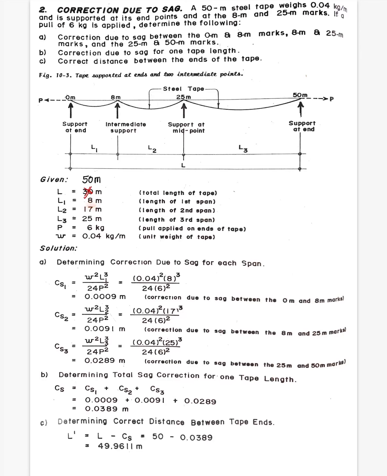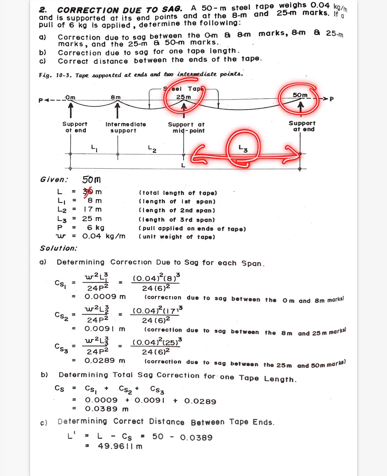And then L1, you have 8 meters. That is from 0 to 8. And then L2, that is from 8 to 25. So you have the difference in the distance, 17 meters. And then L3, that is from 25 to 50.